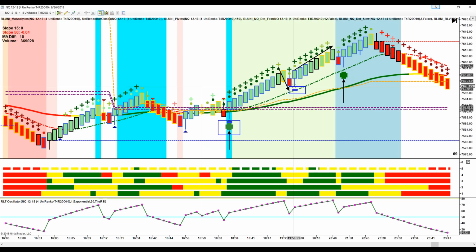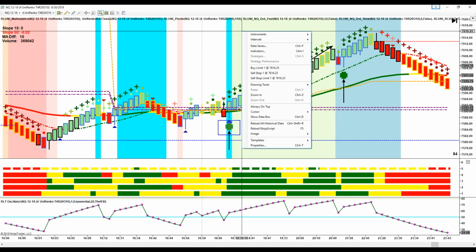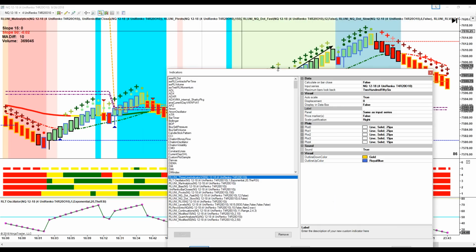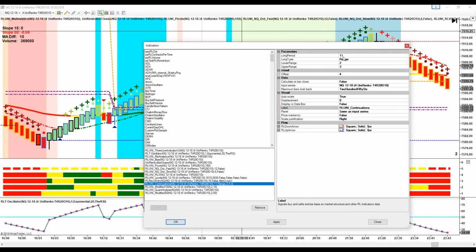Now, if it was just assessing price on your trading chart, it would have no ability to tell you where price was going to move. None. What it does is, on some of these indicators, and I'm not going to hide anything from you, the continuation is looking at a range chart, and it's looking at two range charts.